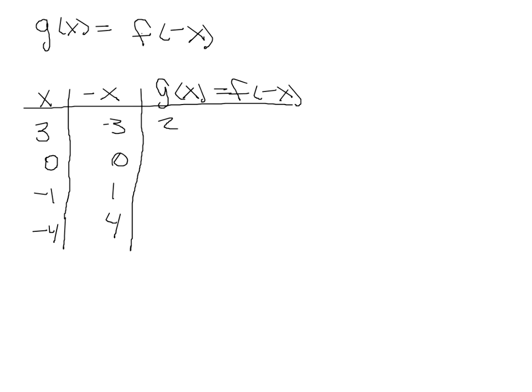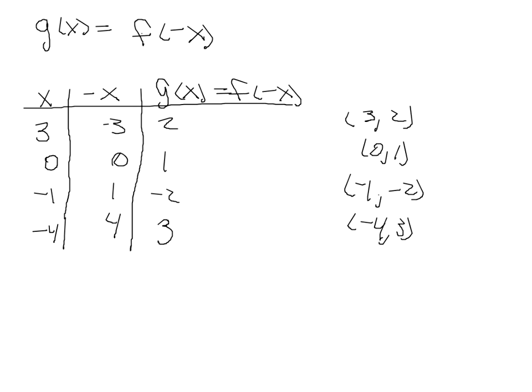And then the result is -3 goes to 2, 0 goes to 1, 1 goes to -2, and 4 goes to 3. So I get the values 3, 2, 0, 1, -1, -2, -4, 3. And I'm going to graph that. 2, 3. Okay, so 1, 2. This is the original f.